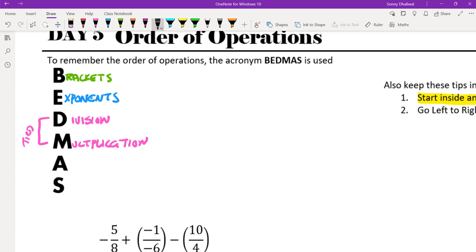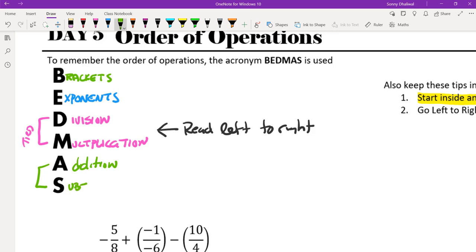The way we do these is we read left to right. Do the one that shows up first. And same thing for addition and subtraction. You remember that from last unit, right? These are tied, so read from left to right, just as you do with a book.